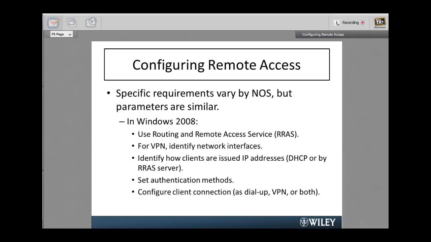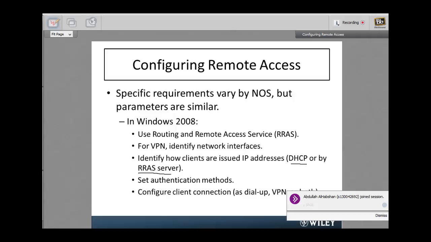For example, in Windows 2008, use Routing and Remote Access for VPN, identify network interfaces, identify how clients are issued IP addresses, either by DHCP or by the RAS server, set the authentication method, and then configure client connection, either as dial-up, VPN, or both.